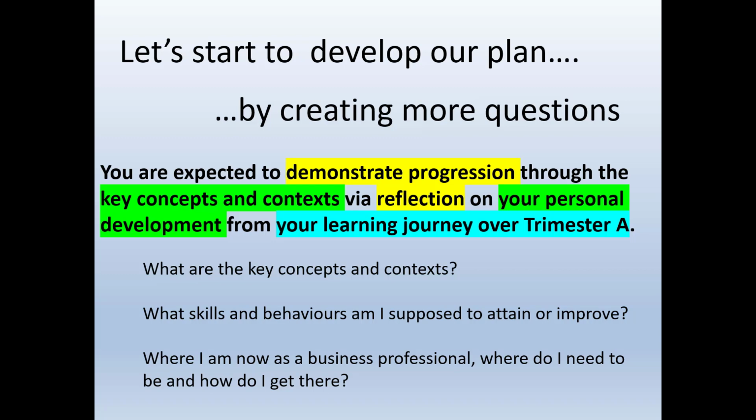So what is it I'm going to be? What are those things? The other point for me is, if you're making a progression, then you're moving from one place to another. You're developing from what you are to what you want to be.